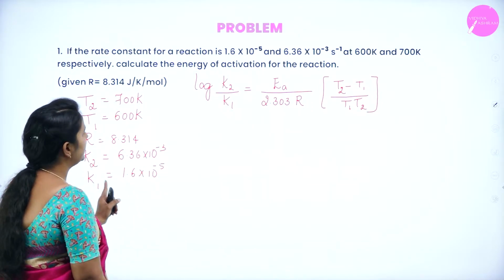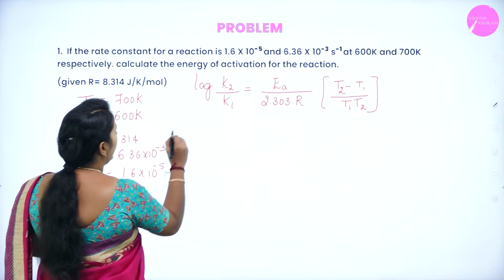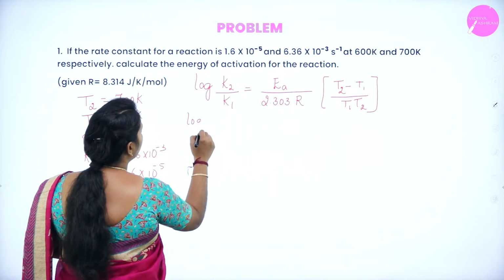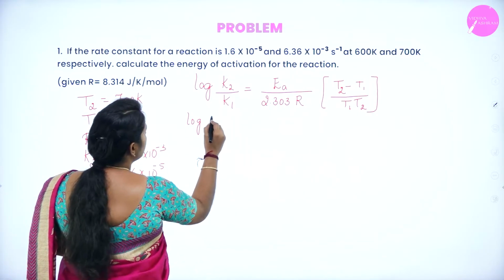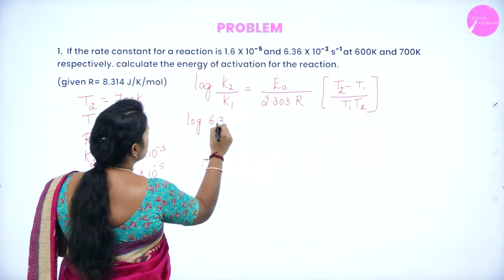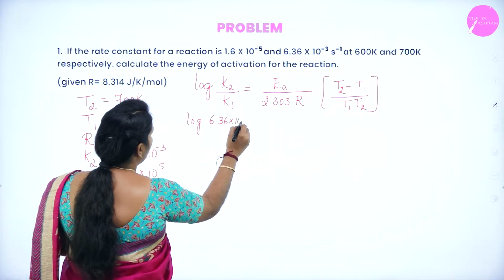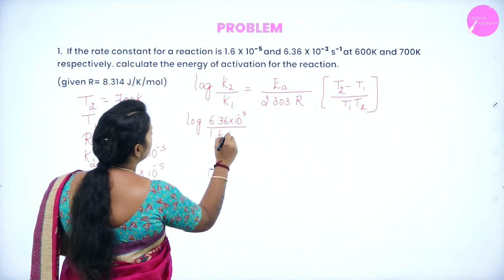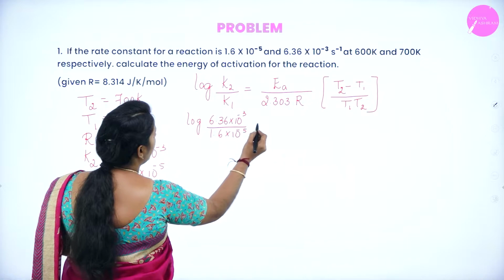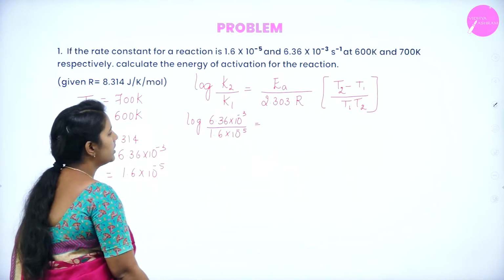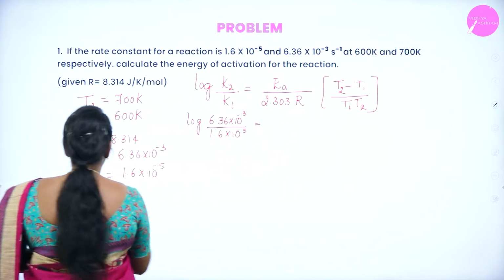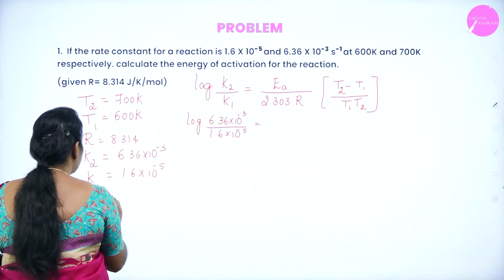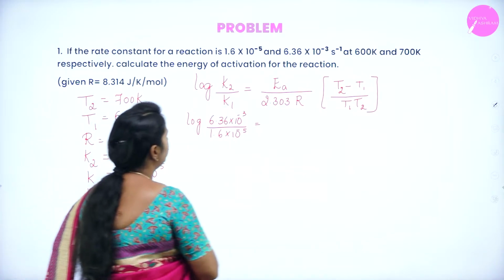Now you substitute these values into the Arrhenius equation. You will get log of K2, which is 6.36 into 10 to the power of minus 3, divided by K1, which is 1.6 into 10 to the power of minus 5, is equal to Ea. We don't know Ea because we need to calculate the energy of activation.